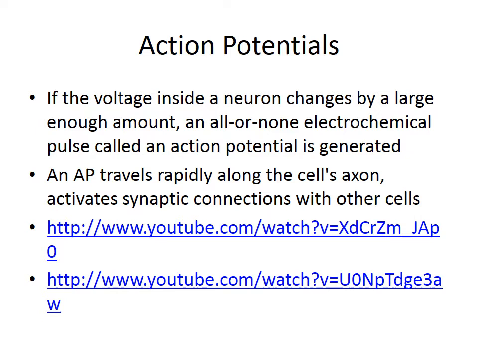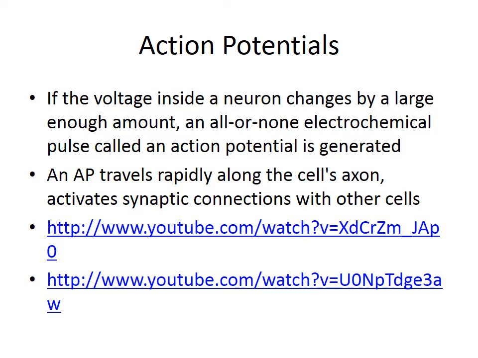Then that leads us to an action potential, which is what transmits the electrical information. The stimulus is converted into electrical information, and that is a series of hyperpolarizations and depolarizations. That is called an action potential, and that's how the signal goes from one neuron to the next.